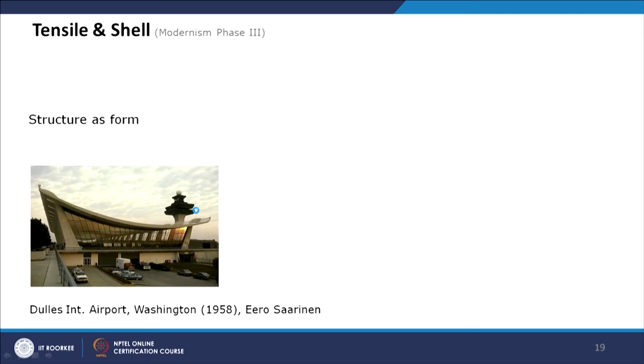Now another example by the same architect, Eero Saarinen, is Washington Dulles Airport, which was designed in 1958. If you look at this inverted vault, which is also a shell structure, and the series of columns, the vault and the columns on that side create the form, and these columns are holding this vault, and on the other side also the columns are holding the vault, and here is the glass curtain wall.